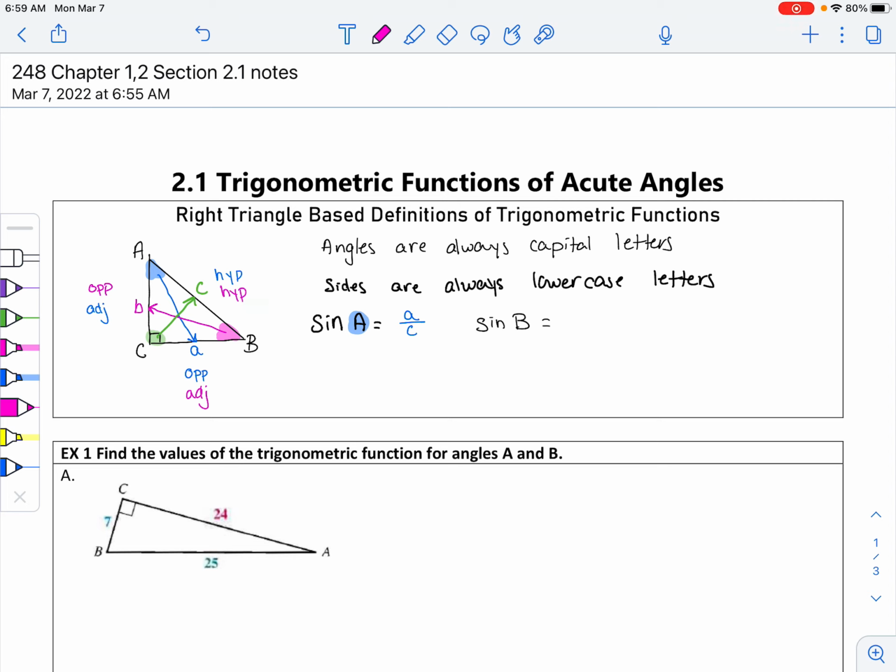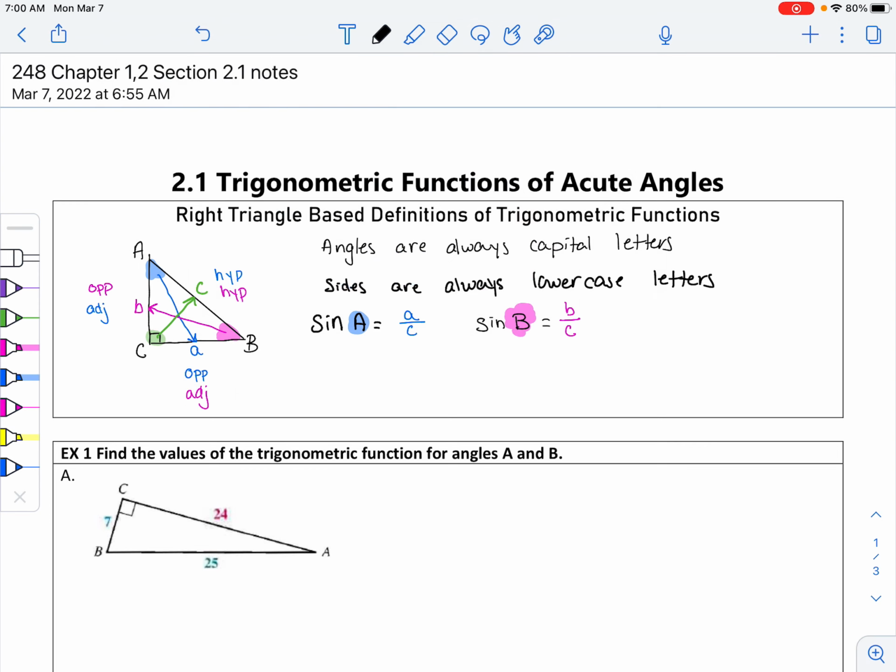Your opposites and your adjacents will change depending on which angle you're working from. So again, my sine of angle B would actually be side B over side C. You really do have to pay attention to which angle you're working from, and I very strongly suggest that you write opposites, adjacents, and hypotenuses depending on which angle you're working from.